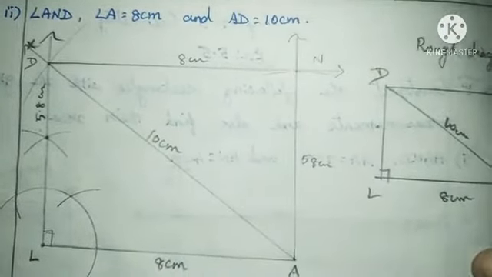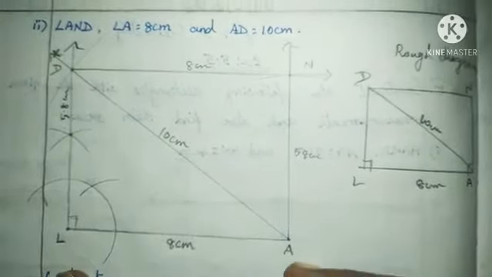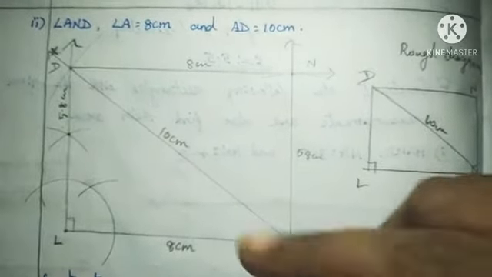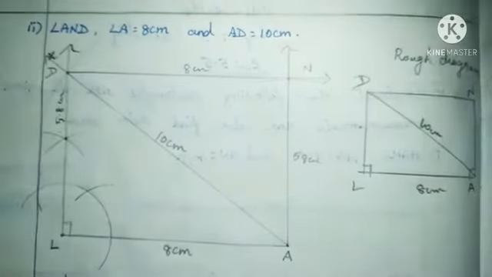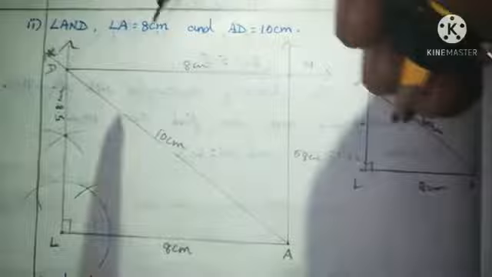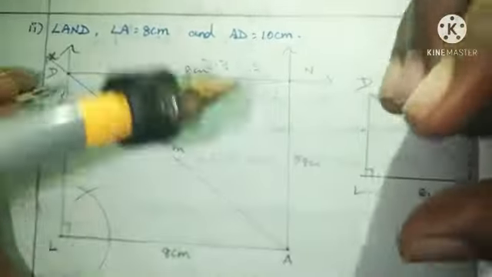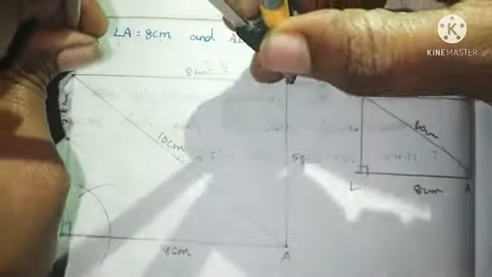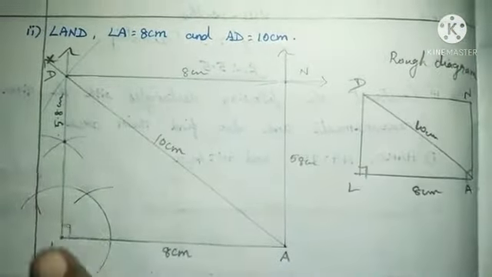Then we know that in a rectangle opposite sides are equal, therefore the base is equal to 8 centimeter. Therefore the side from D to N is also 8 centimeter. So you have to take 8 centimeter in your compass. Then from D you have to cut an arc of 8 centimeter. The next side is AN, which is opposite to LD.